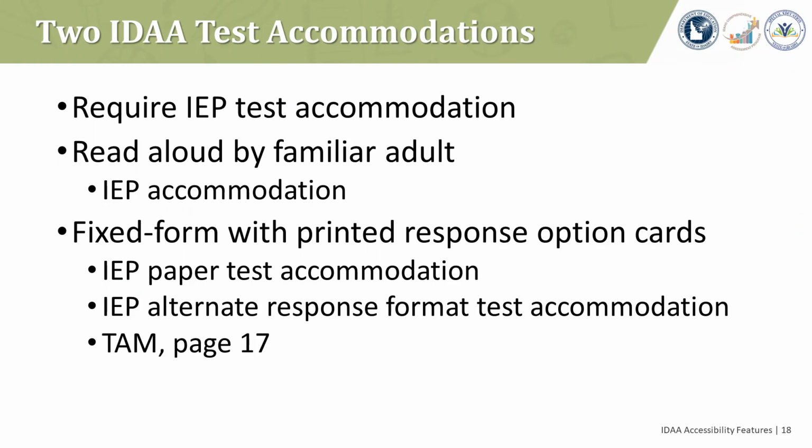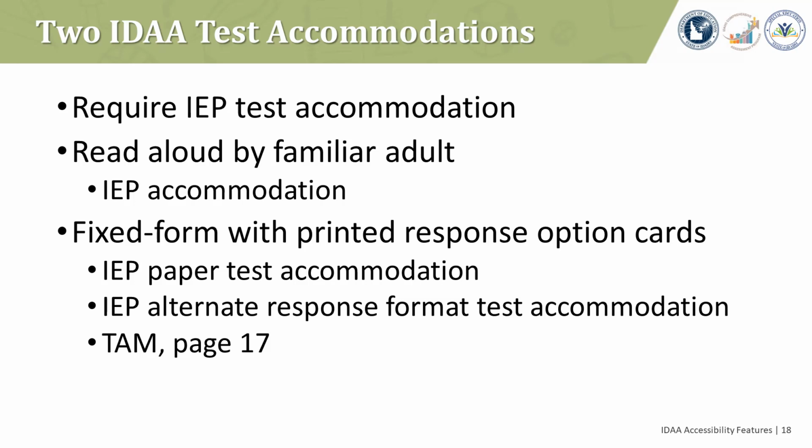As I said earlier, there are only 2 accessibility features that require IEP test accommodations. The first accommodation is read aloud by a familiar adult. I'll give you more details in a minute, but know that if a student needs a familiar adult to read the test aloud, then they must have a corresponding IEP test accommodation.